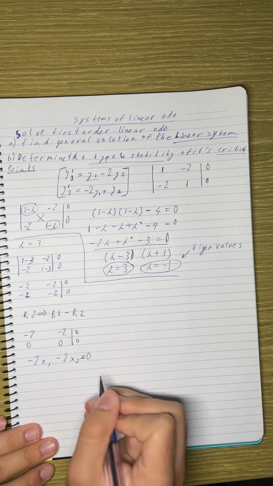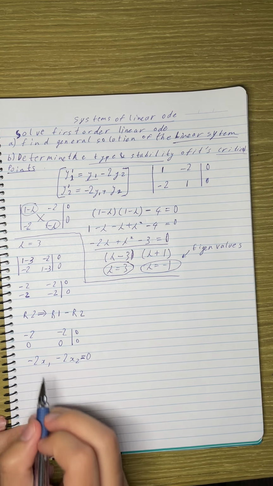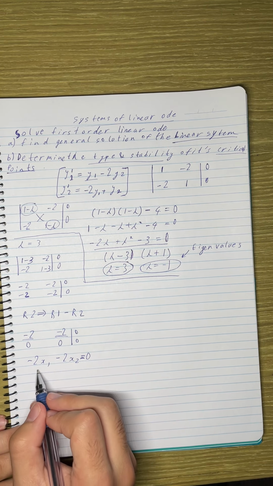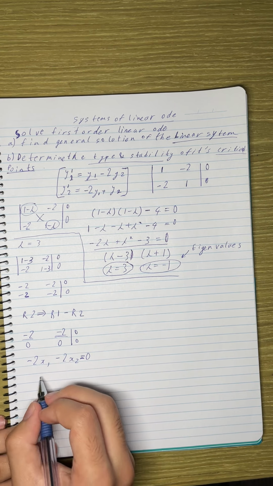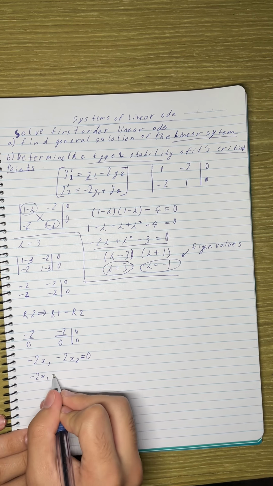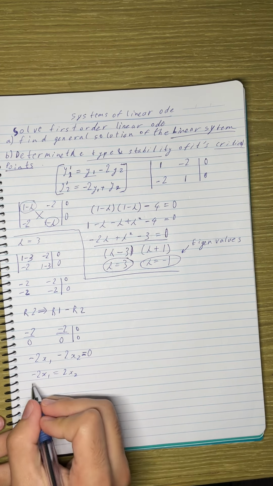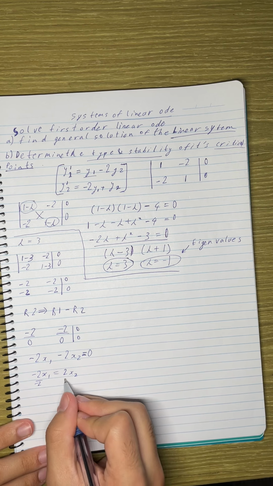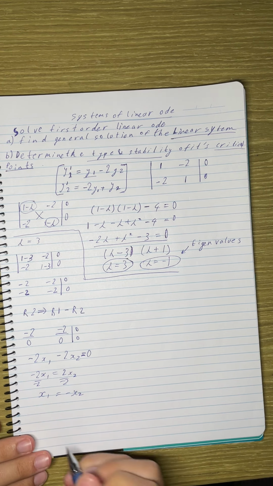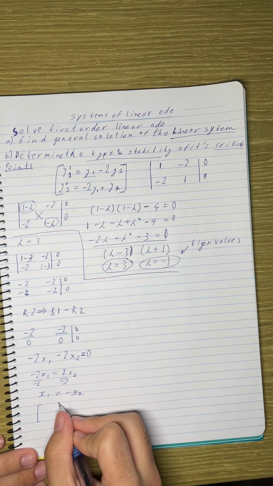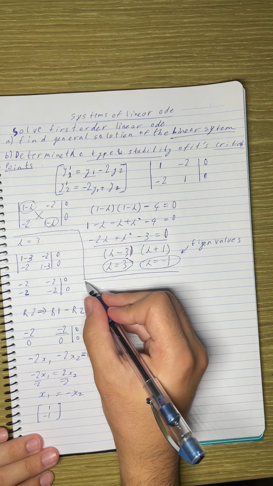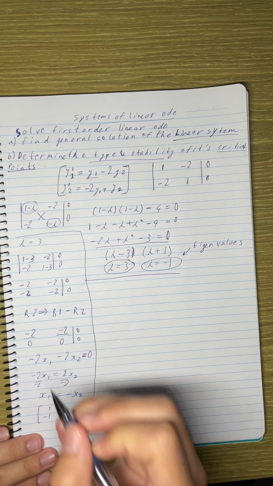Now we're trying to find the eigenvector, so this one is x1 and this one's x2. We make x1 the subject, so we move the -2x2 to the other side. Then we divide by -2, and x1 equals negative x2. Make it into a vector, that'll be 1 and negative 1. So now we found the eigenvector for lambda equals 3.